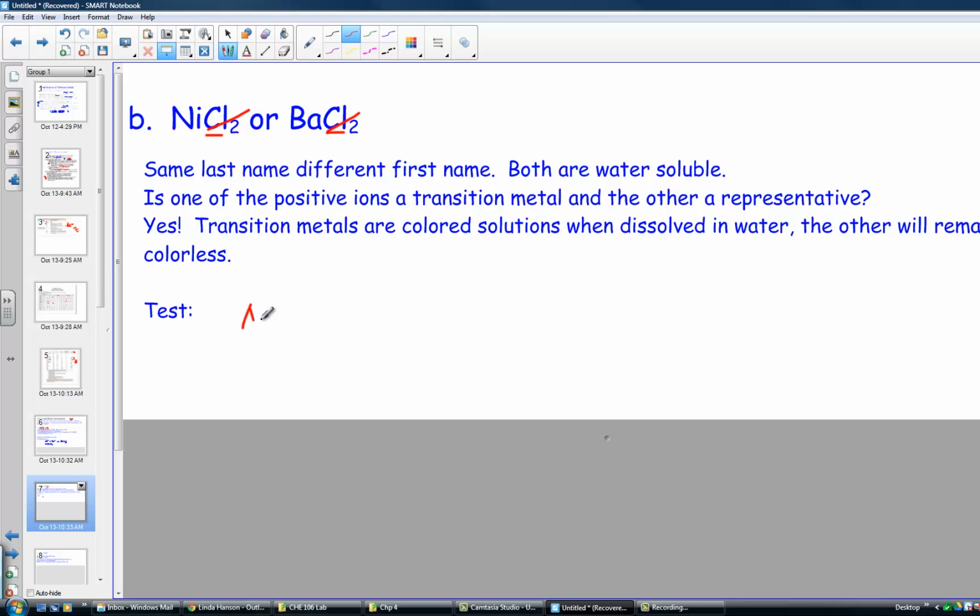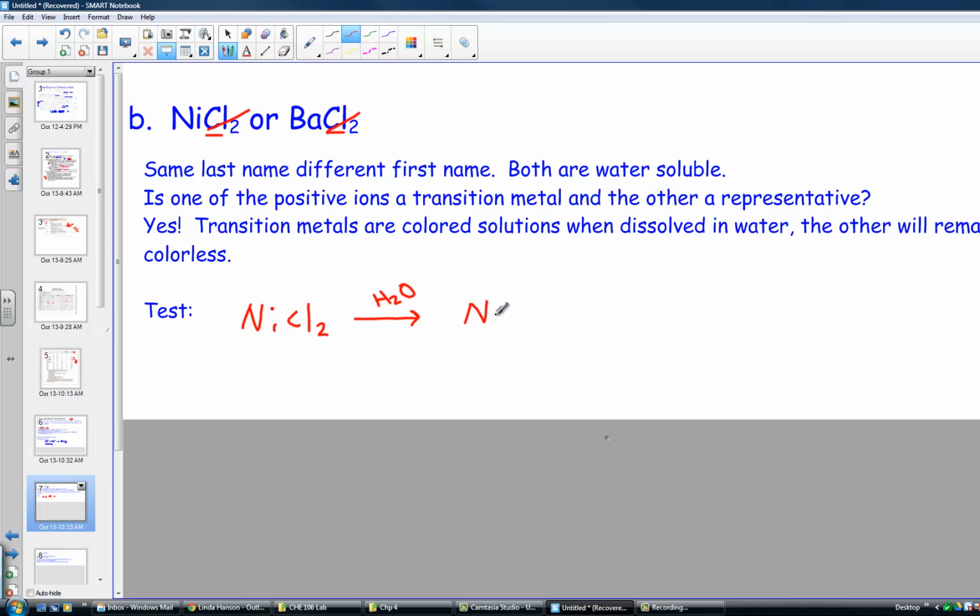So if nickel chloride is present as a solid salt, I'll write that as NiCl2, nickel 2 chloride. I'm going to place the water above the arrow just to let us know it's not truly a chemical reaction, it's just a dissociation.